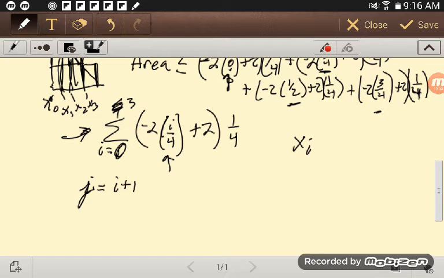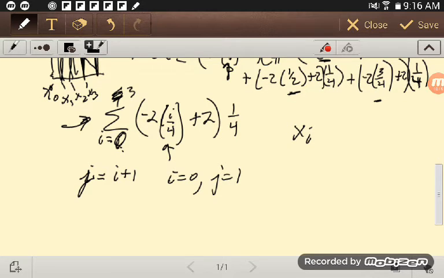Then j would start at 1, because if i equals 0, you get j equals 1. But then it would stop at 4, because if i equals 3, j equals 4. So I could make that substitution. If j equals i plus 1, then i equals j minus 1, and I can just switch everything out in here.